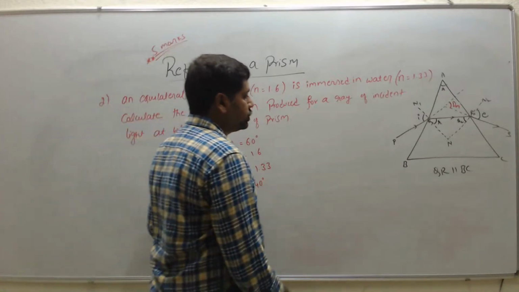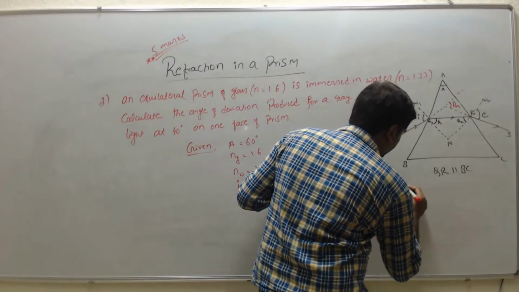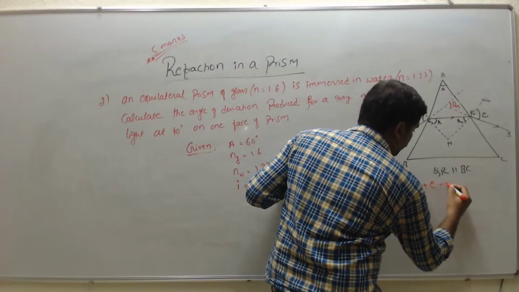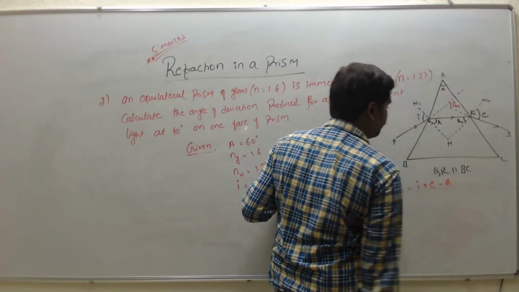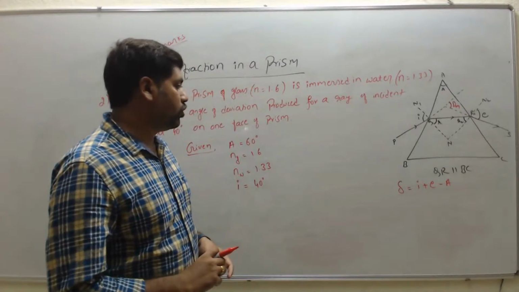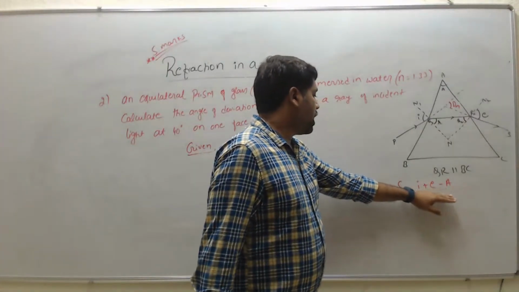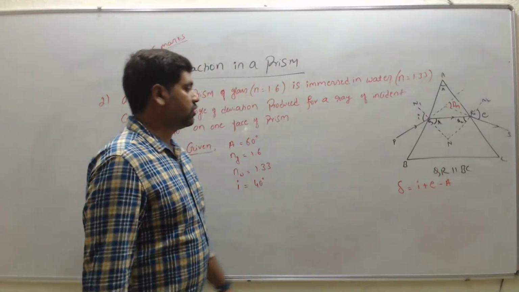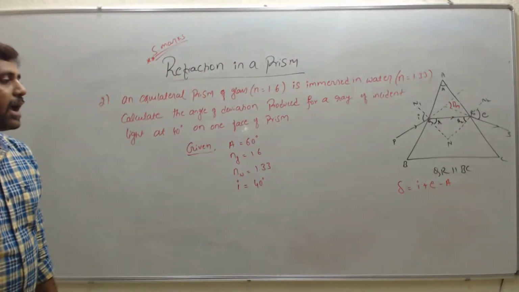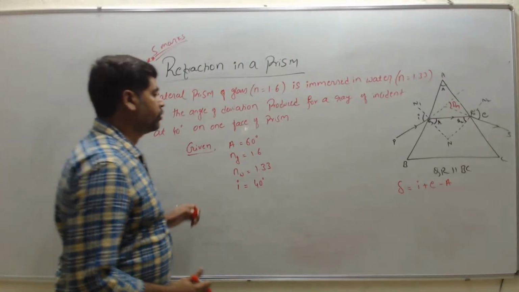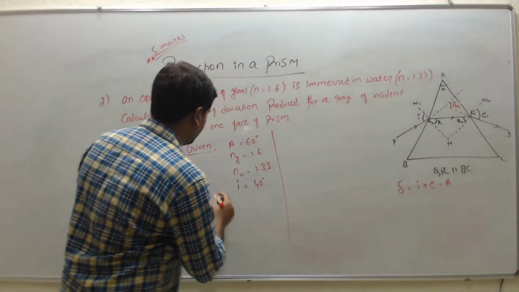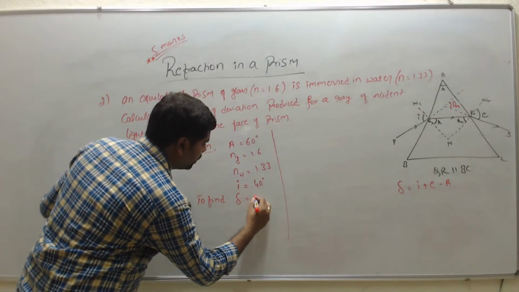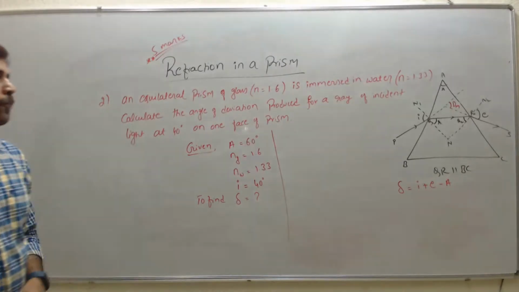In the last derivation, we have the formula deviation delta equals I plus E minus A. Here we know the A value and the I value, but we don't know the angle of emergence. So we have to calculate the angle of emergence to find the deviation delta.